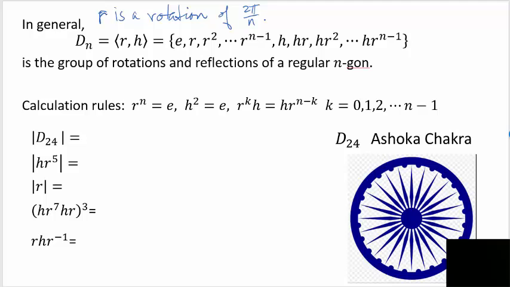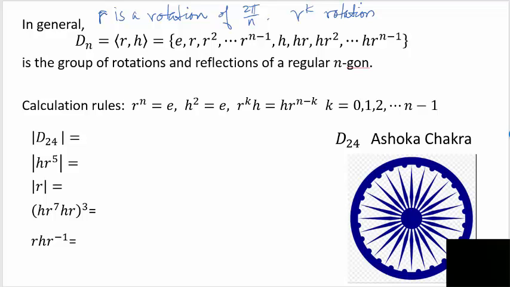And so R squared is a rotation of 4 pi over n. Let's say R to the k is a rotation. Well, it's R followed by R followed by R, k times.